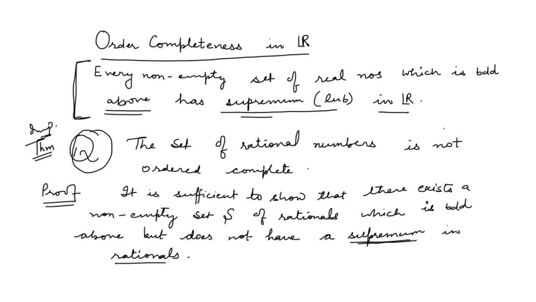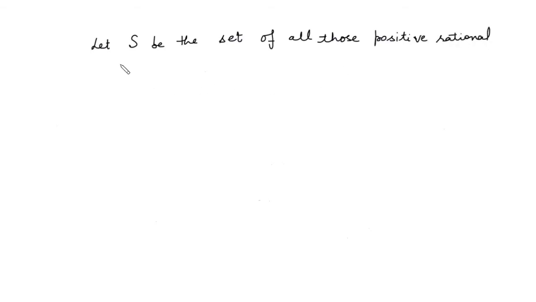So how to prove this? Can I move to the next slide? Yes, ma'am. So now just see, let S be the set of all those positive rational numbers whose square is less than 2.